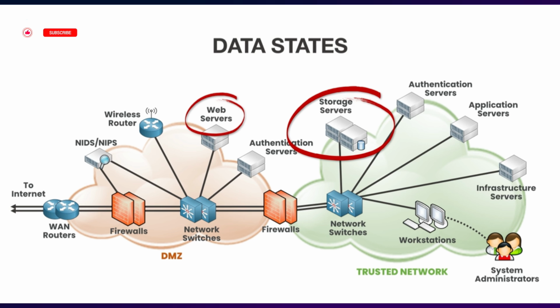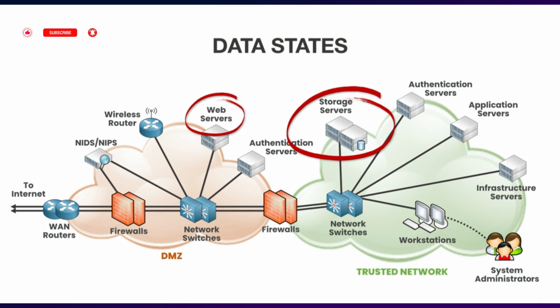And same with data at rest, where maybe we are going to do full disk encryption. We use the Trusted Platform Module or TPM, things like that, to provide some trust and also some security for the data while it is a static target.